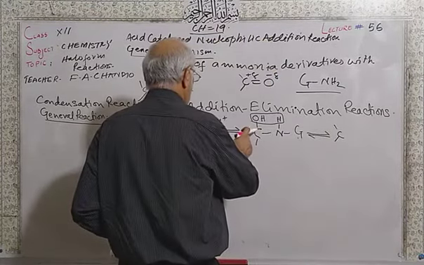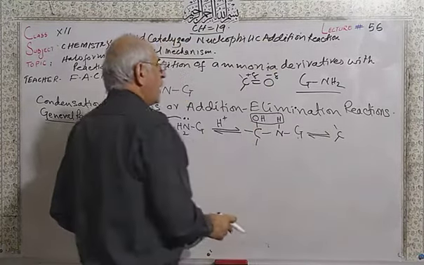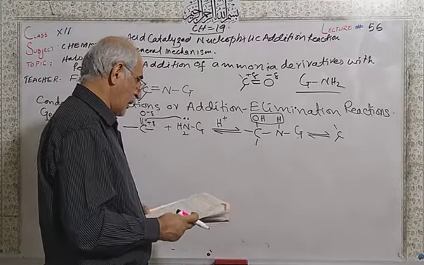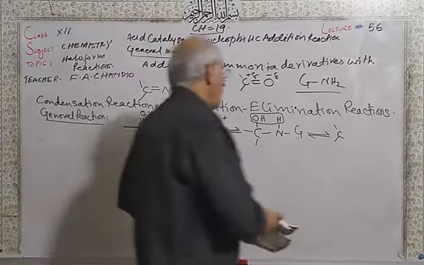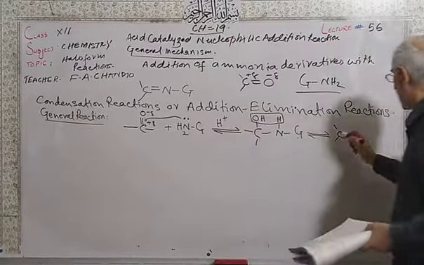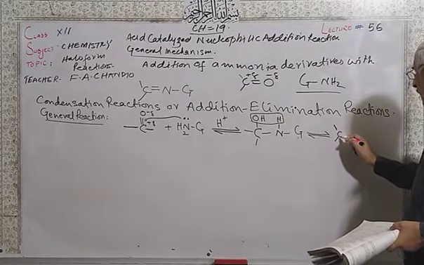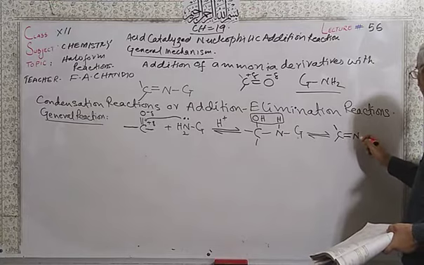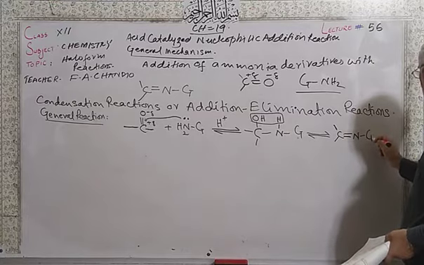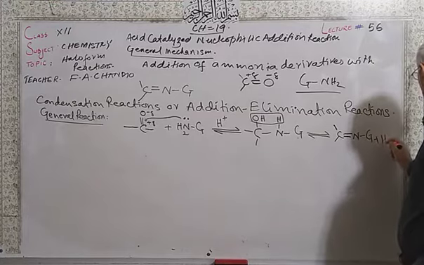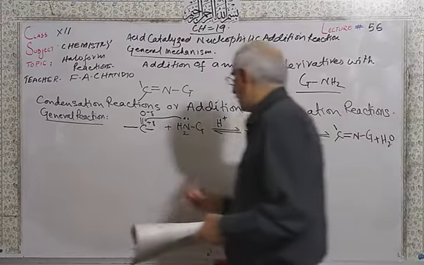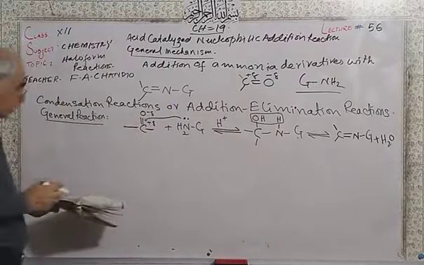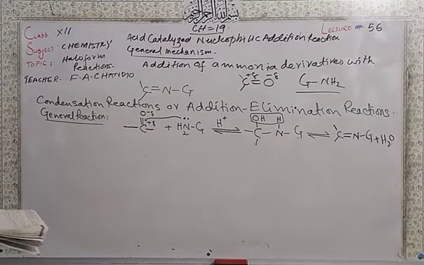This carbon is bonded to maybe two hydrogens, maybe two alkyl groups, maybe one alkyl and one hydrogen. A double bond is created, and this is the group plus one water. You will get the same product, 100% the same.